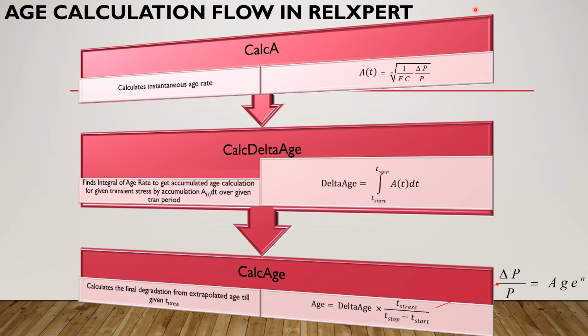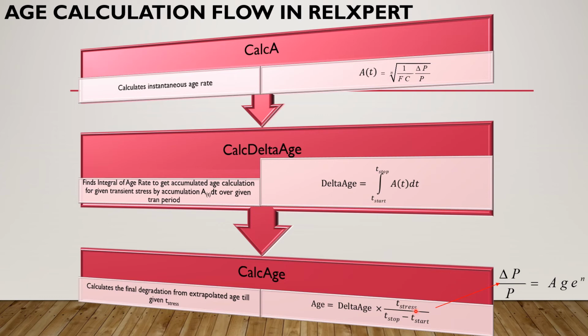If you believe that it is the energy that is causing it, then there is a model from Stuart Roche from IBM, called the energy driven model for HCI. So you can just implement those equations for A of t, and RelExpert can take care of everything else according to the parameters of that A of t extracted from the stress data.